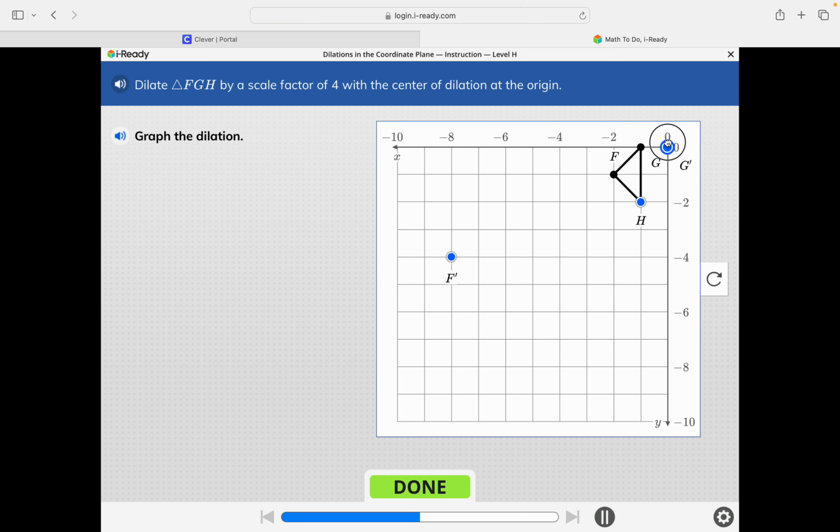We are in the origin. Every time we have to walk from the origin, okay? The flashlight comes from the source. So we have to move G to the G prime. Now G prime is what? Negative 4 and then 0. Stay there. Now move the real H to the origin.